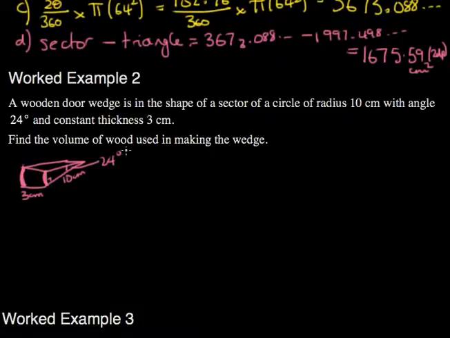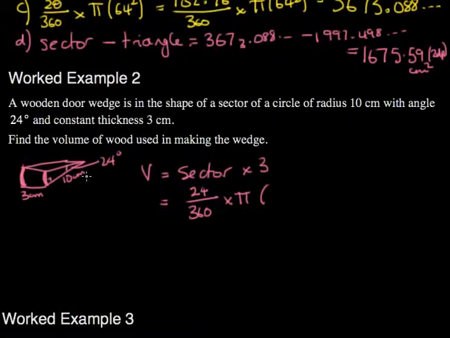To find the volume of the wood is the same as finding the area of one of the sectors at the side here, and then multiplying that by 3. So the volume is equal to the sector area times 3. And the sector area is found by doing the angle out of 360 times pi r squared. And the radius is 10. Squared is 100 times 3.